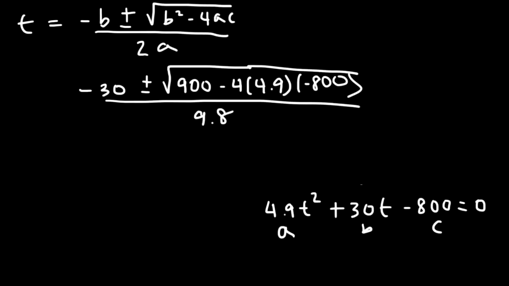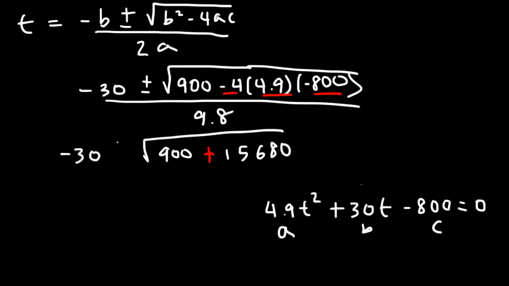So now let's multiply these three numbers. Negative 4 times 4.9 times negative 800, that's equal to positive 15,680. And we still have a 900 next to it.